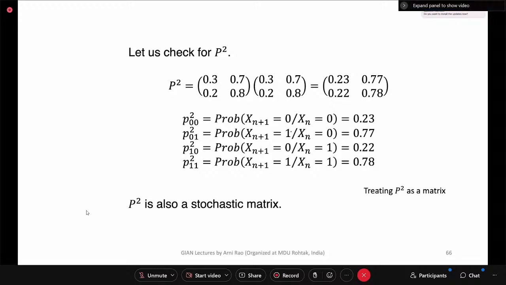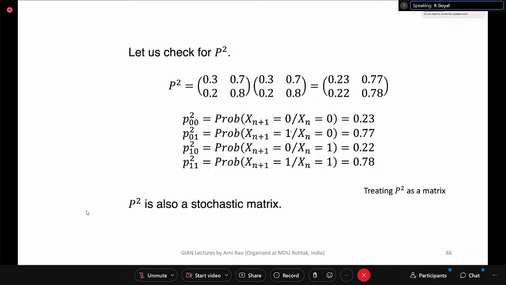Okay. So if you consider P square itself a single matrix, this is a one-step transition. Yes, because the properties of the stochastic matrix are being followed here. It's true. Yes. But then what is the meaning of this P squared 0, 0?